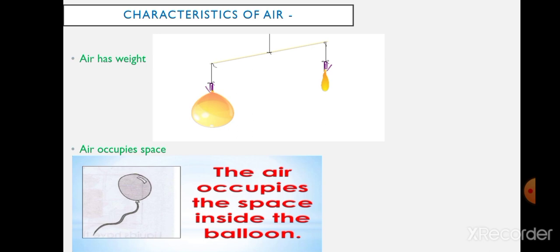Next is about the characteristics of air. We can say it even as the properties of air. First, air has weight. This we can show through an experiment.